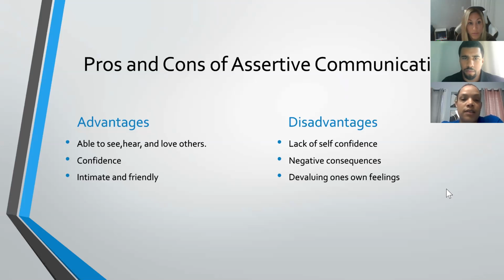Pros and cons of assertive communicators. Their advantages are that they are able to see, hear, and love others. They are confident, they don't intimidate you, and they are friendly. Its disadvantages are lack of self-confidence, negative consequences, and devaluing one's own feelings.